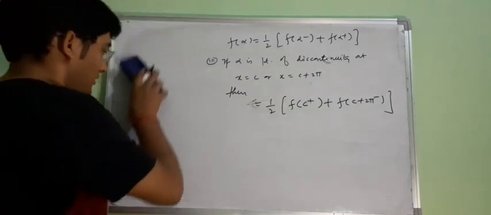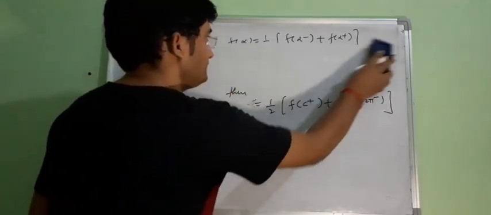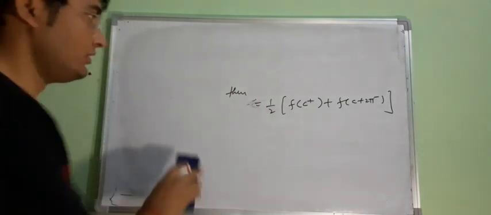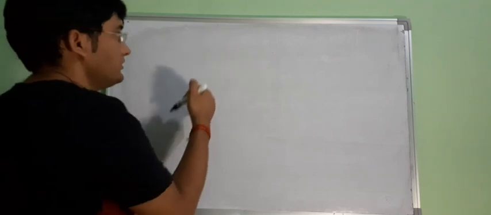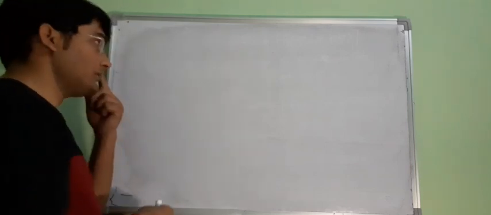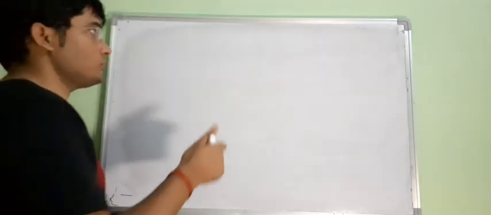Okay. Now suppose that our c is 0. Let us write two different series for the interval 0 to 2 pi and from minus pi to pi.